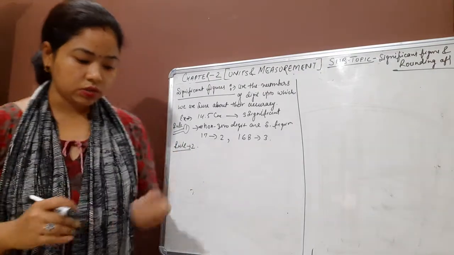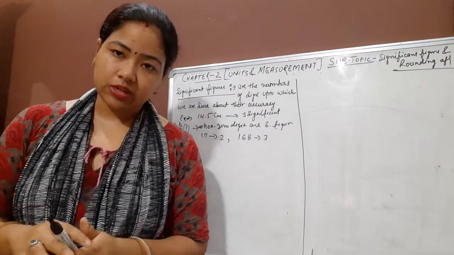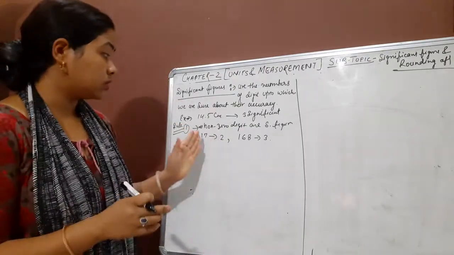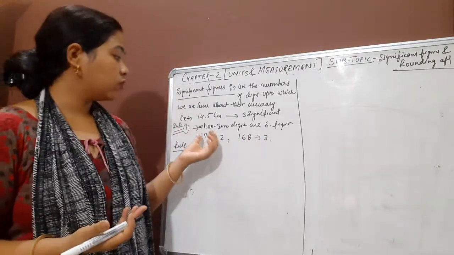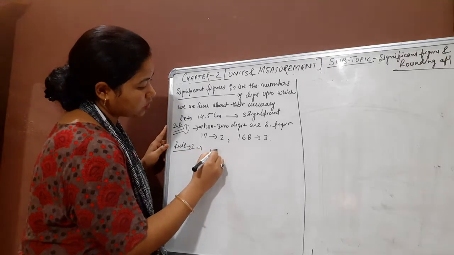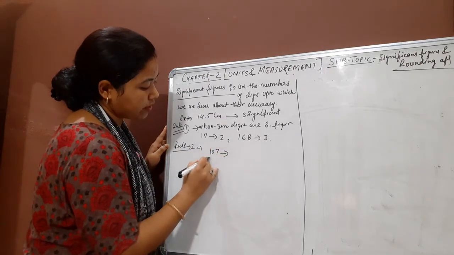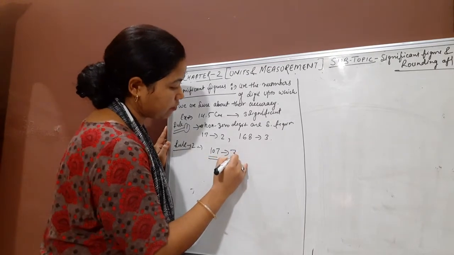Rule number 2 says that any zero occupying a place in between non-zero digits is a significant figure. That means इन्हीं digits के बीच में अगर कोई zero occupied है तो वो भी significant figure में count होता है. Likewise, if you are writing 107, then this zero will be counted as a significant figure. So in this quantity we have 3 significant figures.